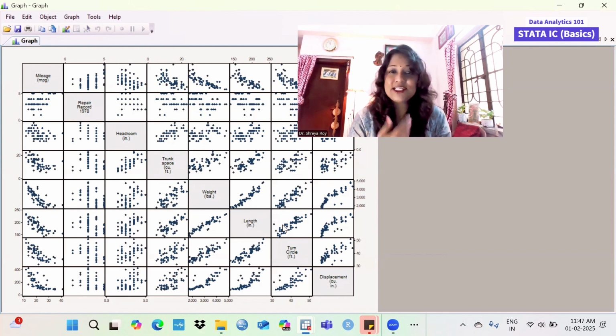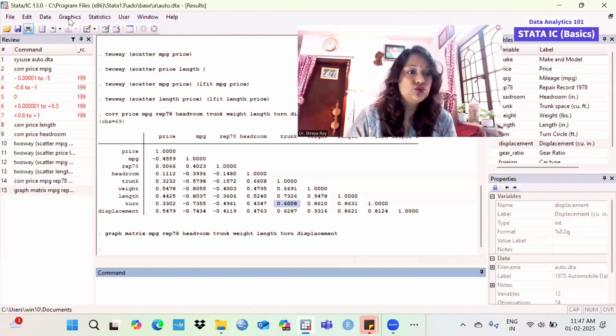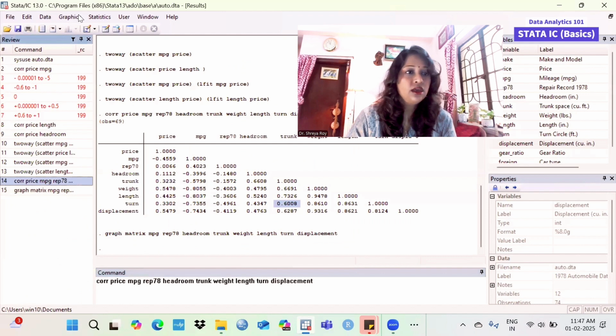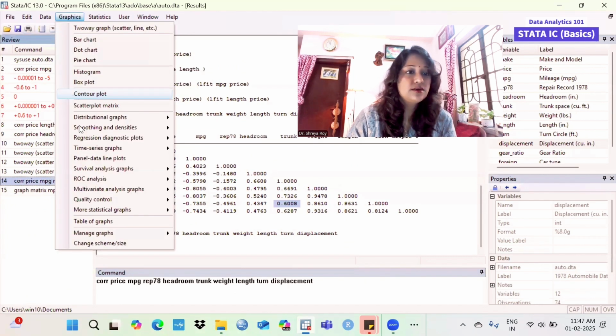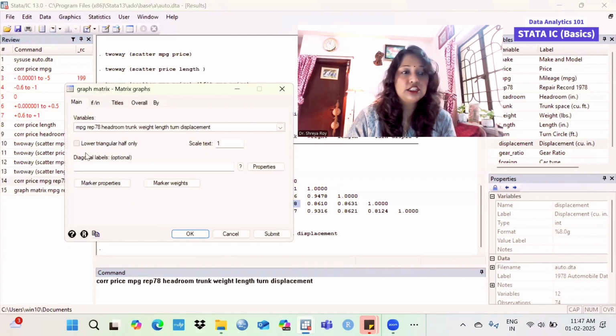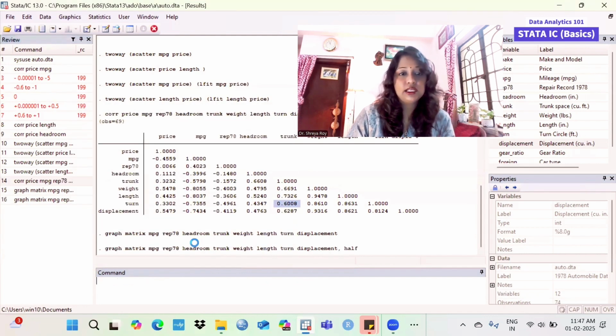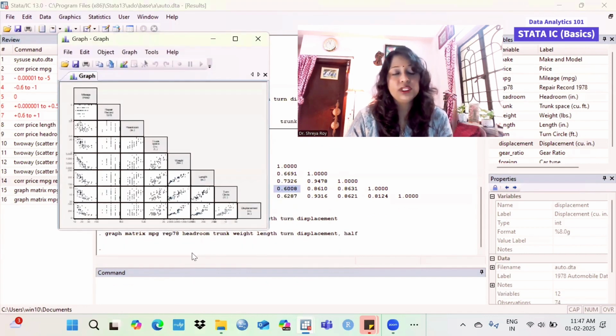Once you crack it, it's just a very simple tabular or matrix format for displaying your scatter plot. Obviously, you can also select the lower half only and click on this. You will get a very similar result, and probably this is easier to read.